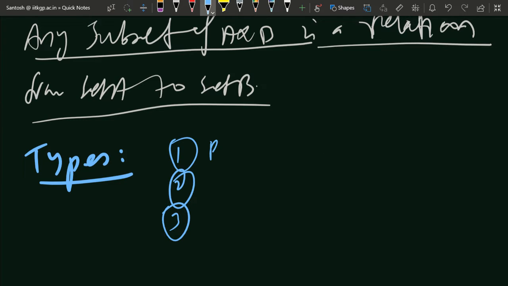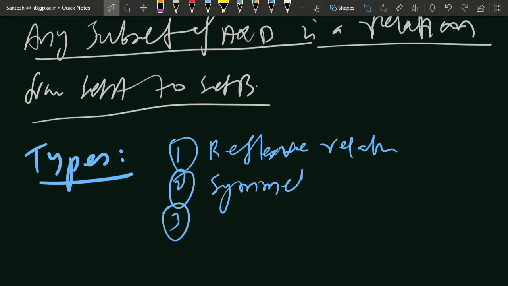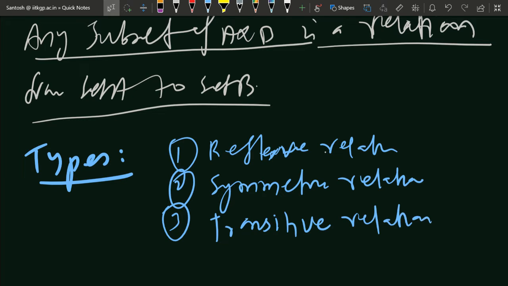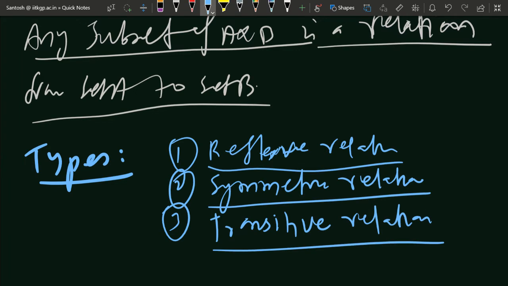Sir, reflexive, symmetric, transitive. Yes. So reflexive relation, symmetric relation, and transitive relation. We are just doing revision, and this will help you in the exam.